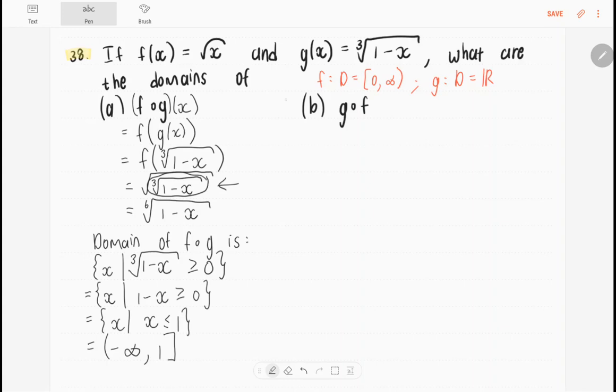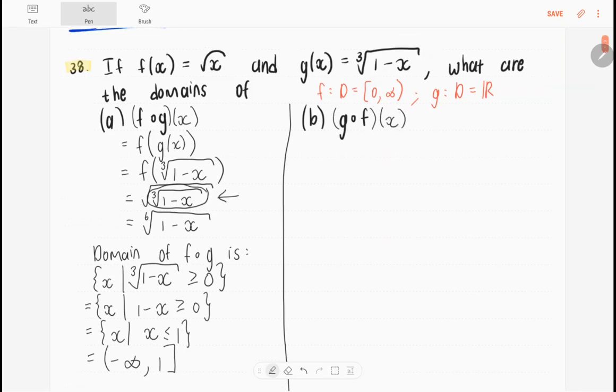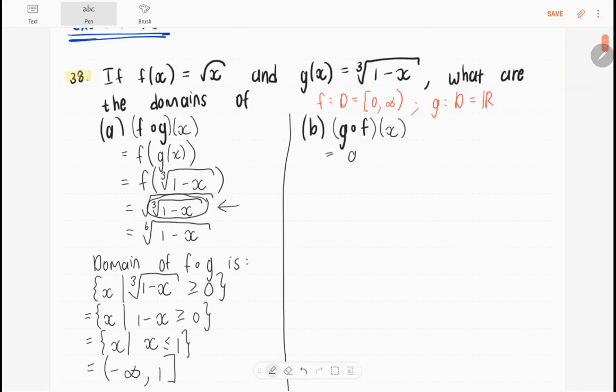Let's now look at b, where we have to find the domain of g's composition with f. So, g's composition with f at x is g of f of x.